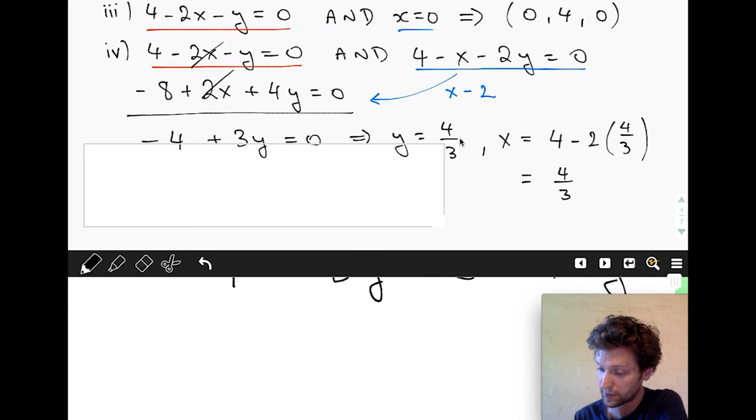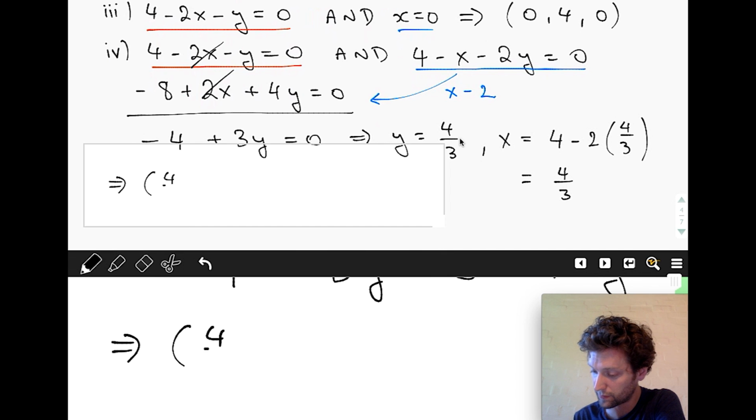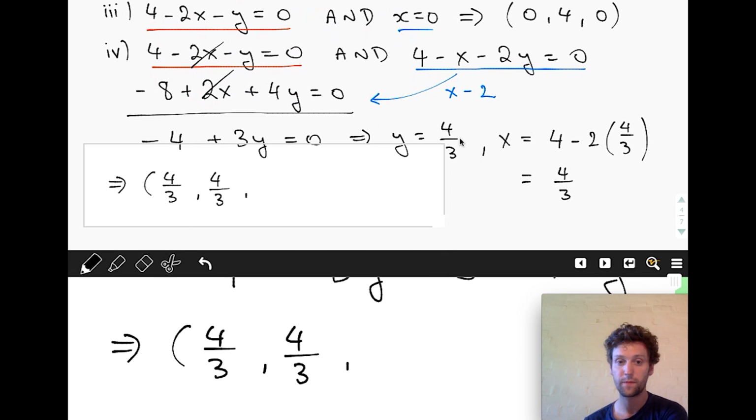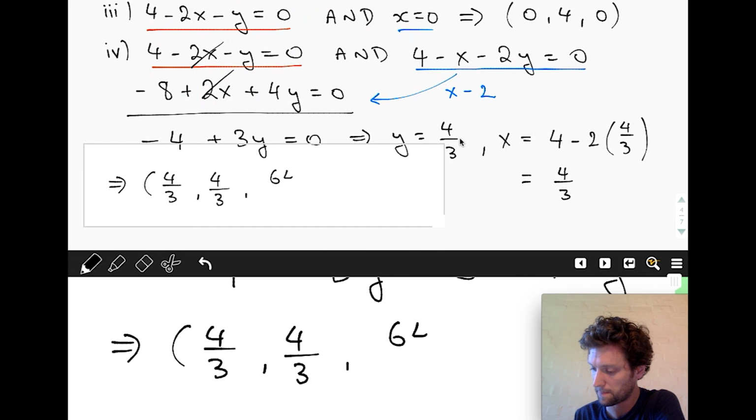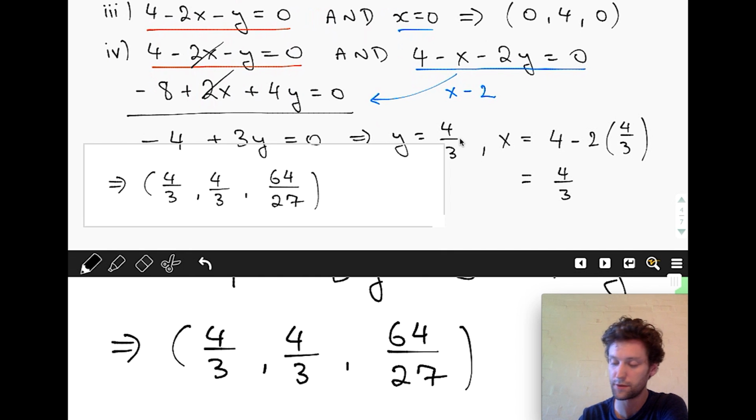So I get a critical point at x is equal to 4/3, y is equal to 4/3, and I need to calculate what the value of f is at that critical point, and that's going to be given by 64 over 27. I'll let you show that yourselves.